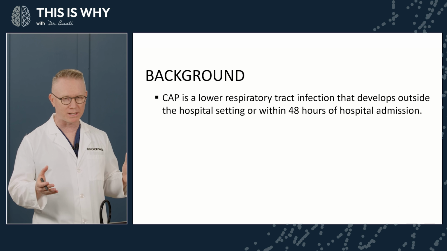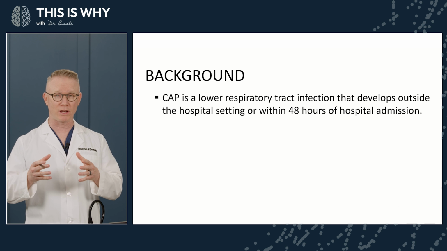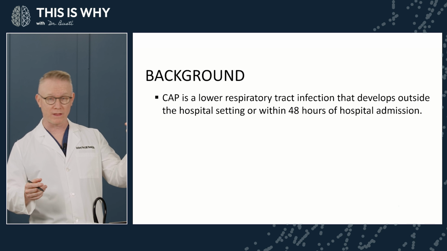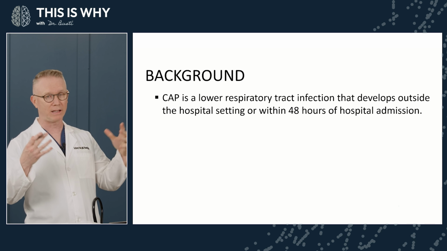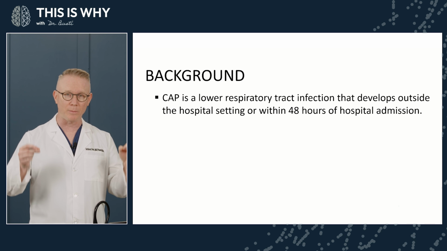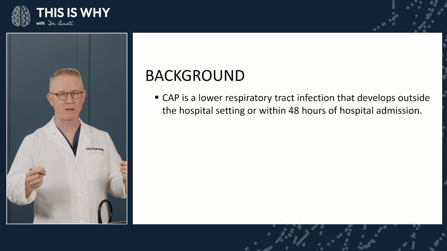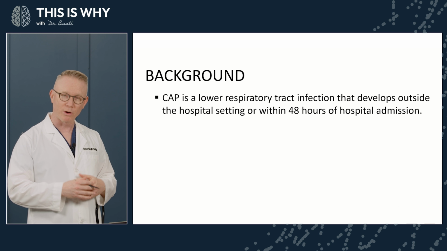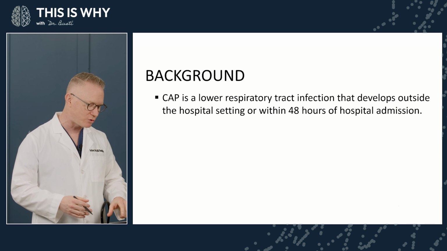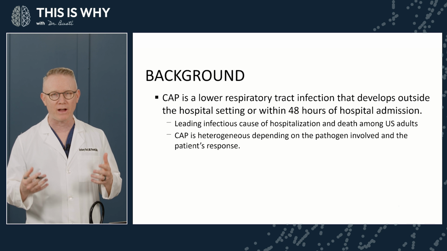The reason that point is made is that if patients develop pneumonia inside the hospital, we want to know: did they bring that in with them and it just finally manifested, so community-acquired pneumonia, or did it actually develop inside the hospital, hospital-acquired pneumonia? It matters because the exposure to the organisms is different, which would influence the way we approach the management of this patient.